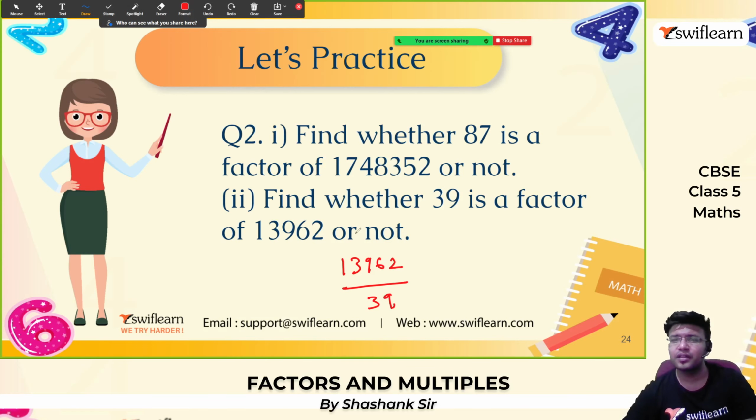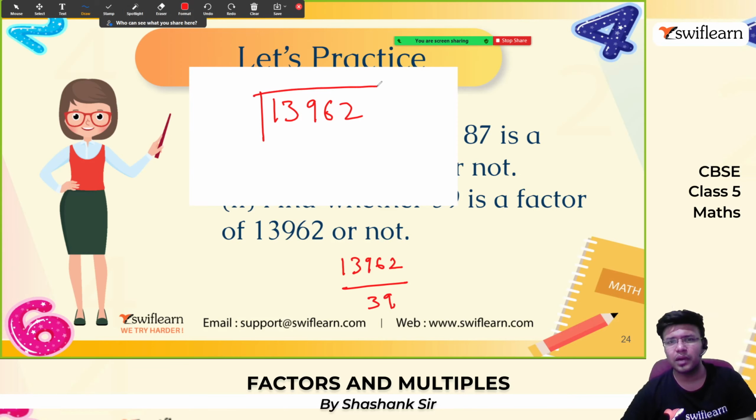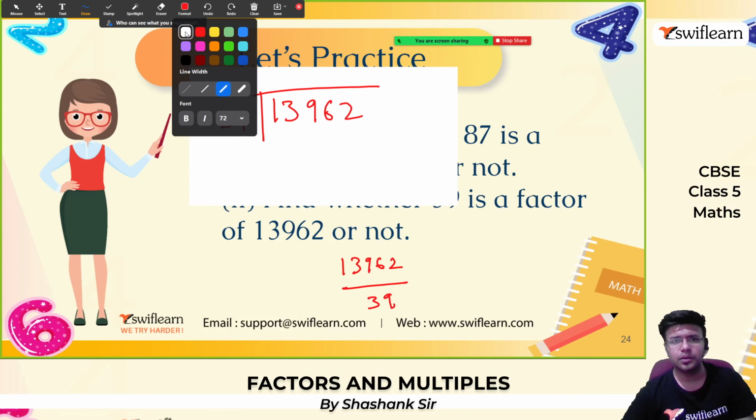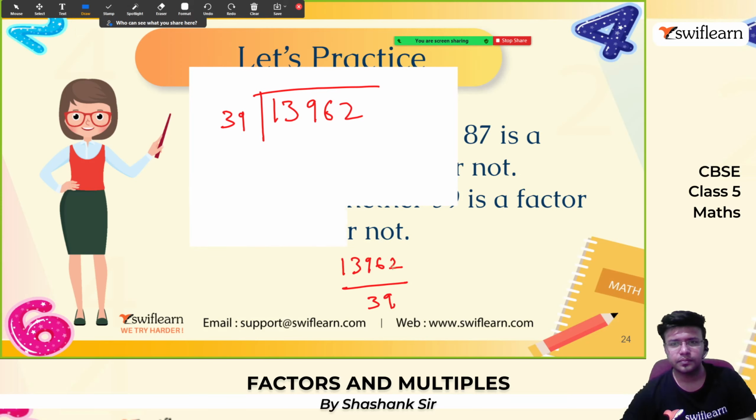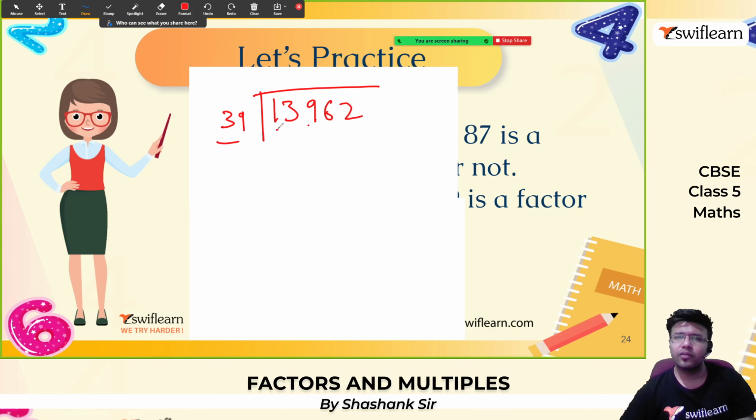Okay, let us divide 13962 by 39 and check whether it is perfectly divisible or not. 13 I cannot divide, so 139 by 39. 39 tens is 390, too big.